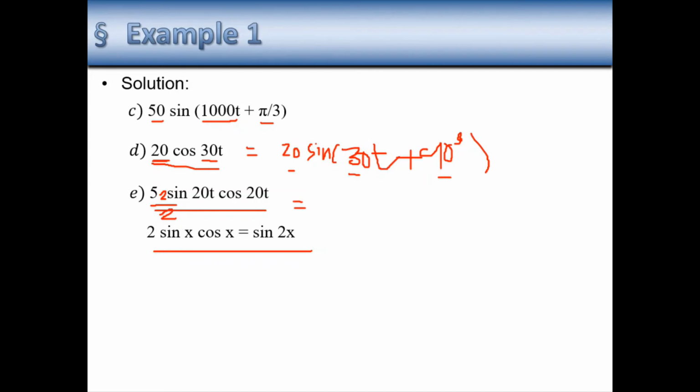This one that includes the 2 can be expressed as sine 20 times 2, 40t, and then here we have 5 halves. Okay, so there you are.